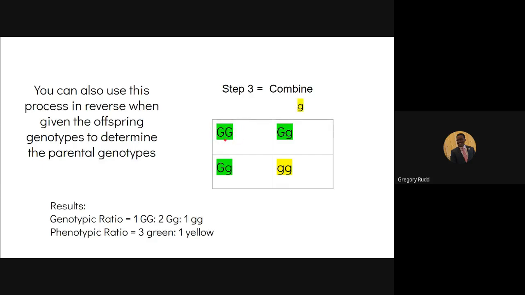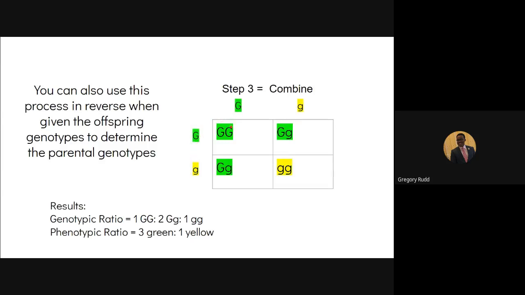Oh, it didn't go in the right order. And then in the other box, we've got two lowercase g's, which means that we have to have a lowercase g here and a lowercase g here. That's the only way that we could end up with a homozygous recessive genotype right here, is if these are both the recessive alleles.